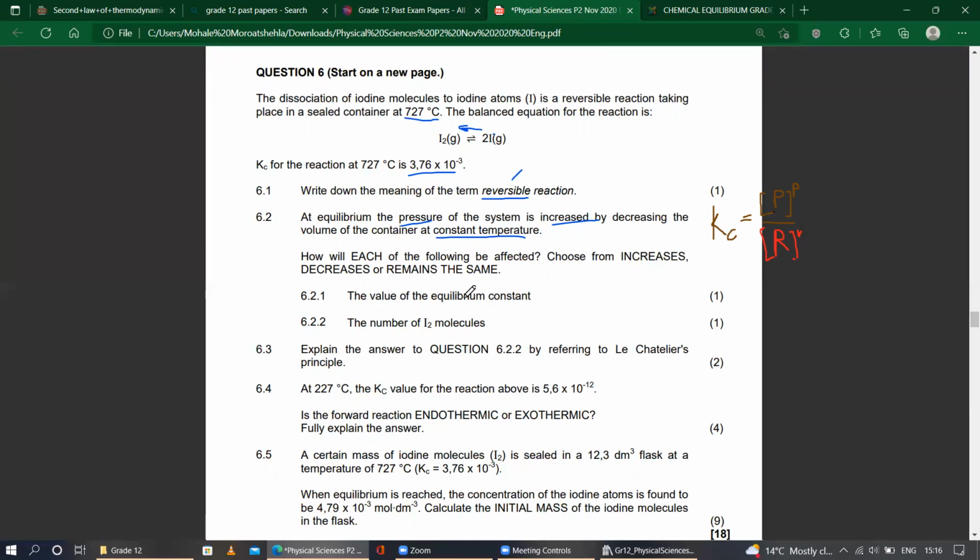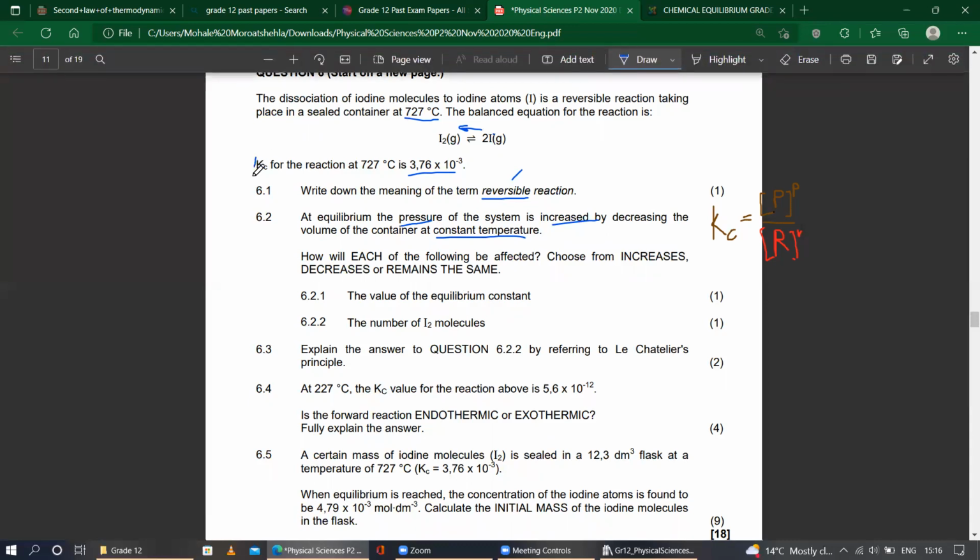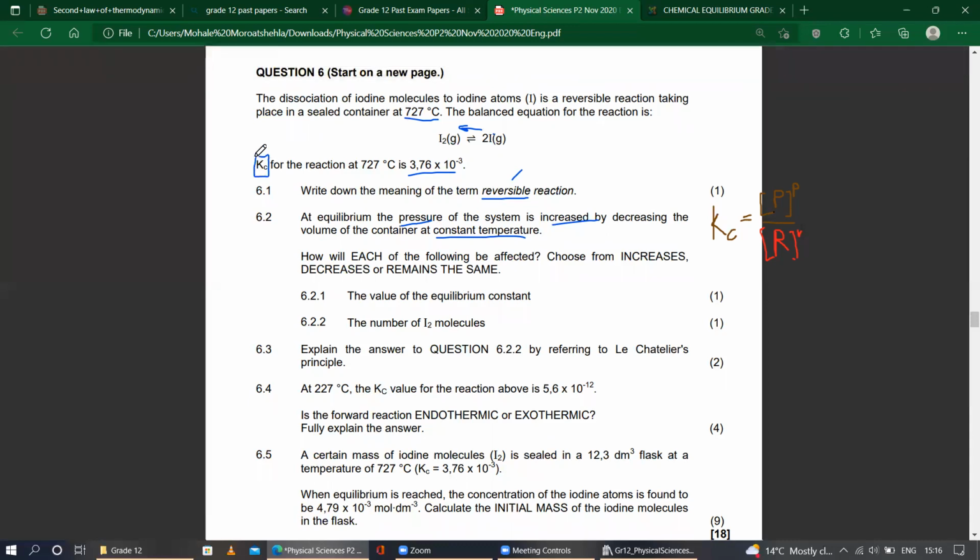So what is the equilibrium constant? The equilibrium constant is basically Kc. From what you know, does pressure affect the equilibrium constant? I don't think so.